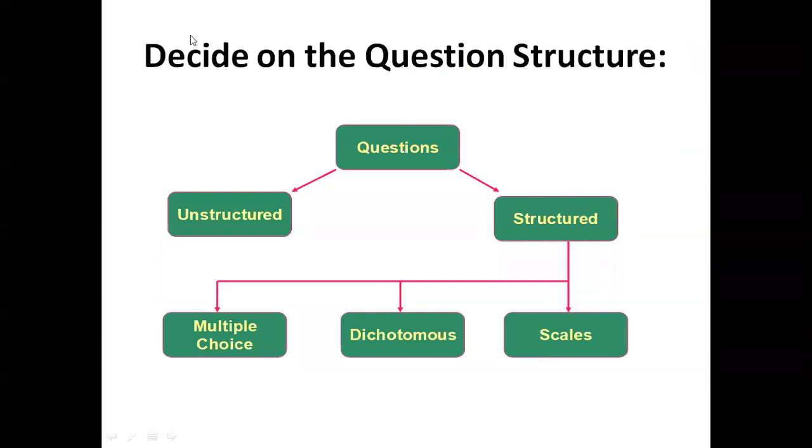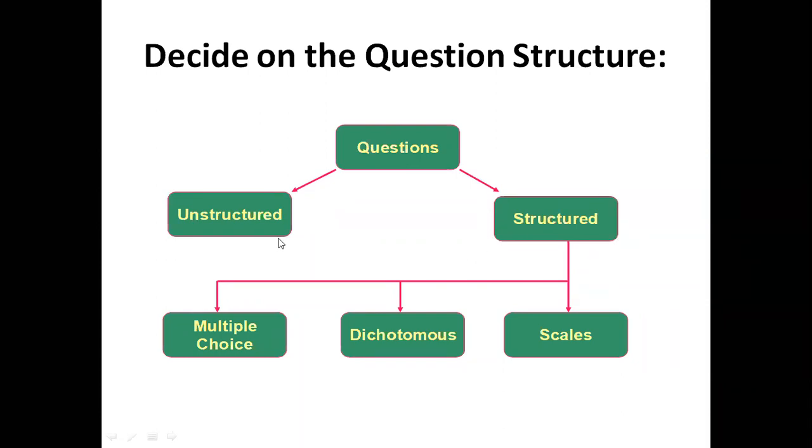Now, the next step is to decide on the question structure. How your question structure should be. Two types of questions you will find. One is unstructured, another is structured. Unstructured means open-ended questions. Structured means closed-ended questions.